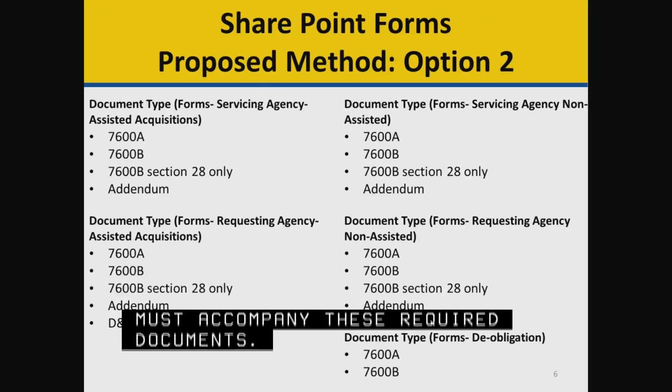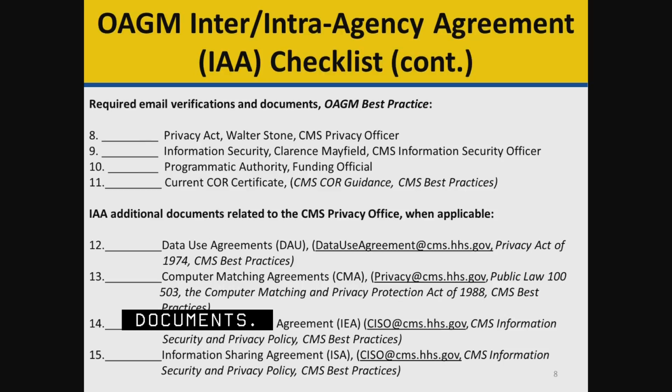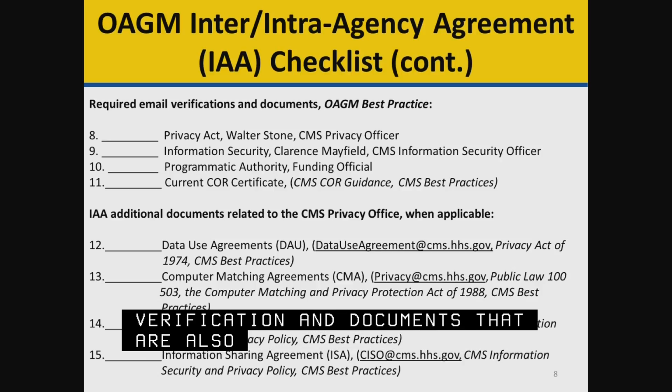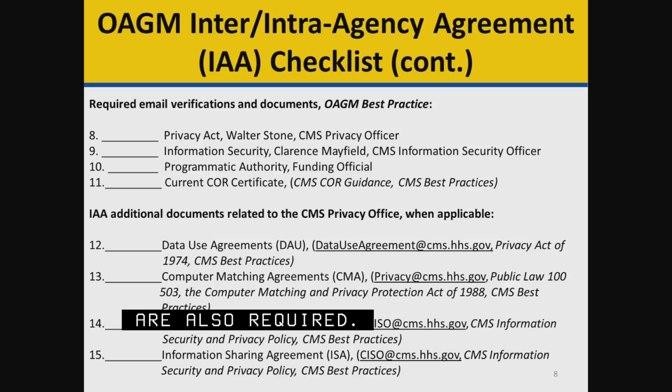The next section are the email verification and documents that are also required when you send your IA package forward in SharePoint. We always look for the Privacy Act review, and that's from Walter Stone. We also look for the information security clearance from Clarence Mayfield.